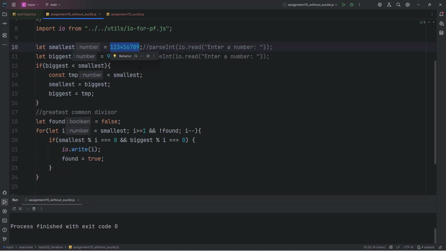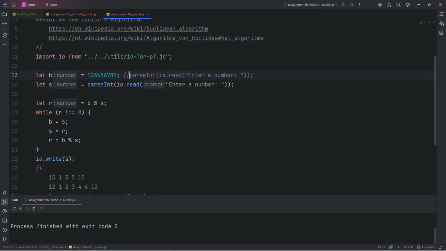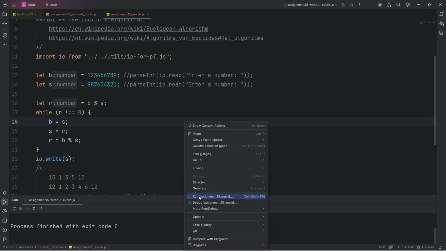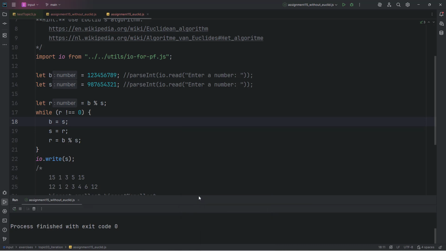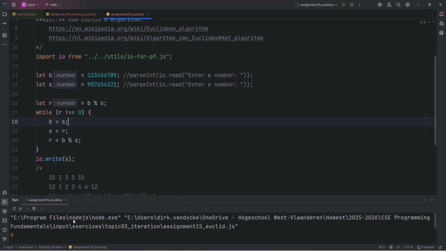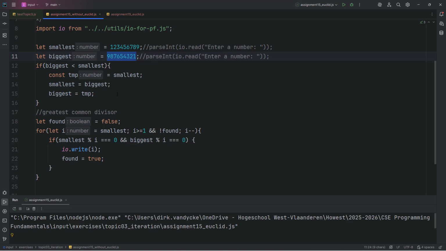And the other number is this one. So I'm just fixing the input now. Tests won't run anymore, but this is not what I need. Let's just double check with Euclid's algorithm if 9 is the one coming out. Indeed, so my algorithm is still okay.